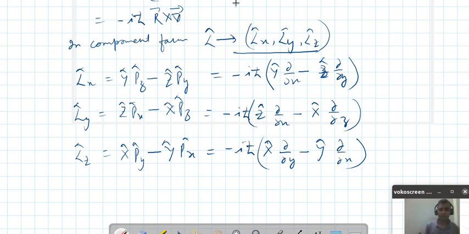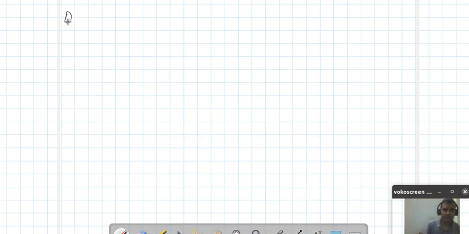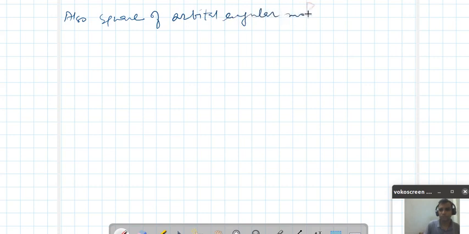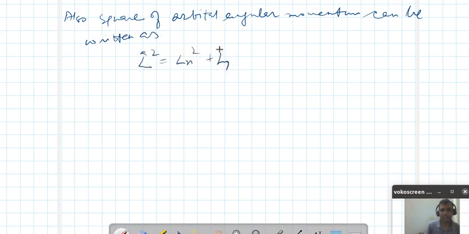Also, the square of orbital angular momentum can be written as L square equals Lx square plus Ly square plus Lz square, and all are operators, so these can be expressed in operator form.